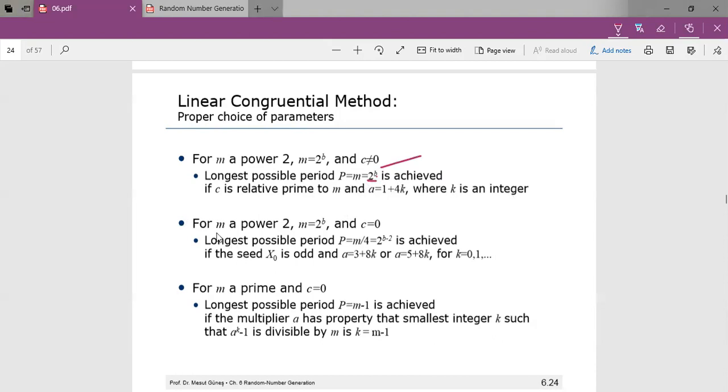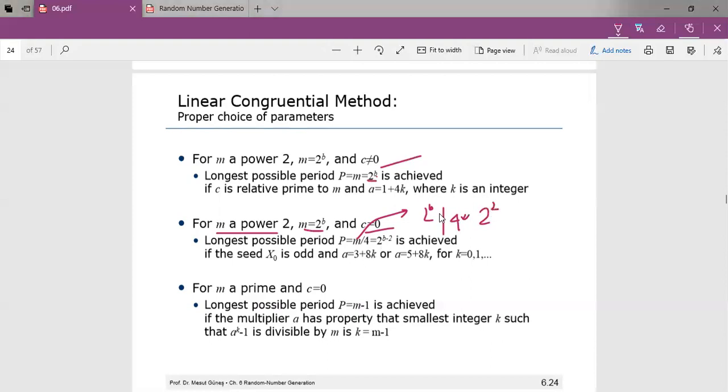The second one is for m a power of 2, that is m equals 2 to the power of b. Here c not equal to 0, here c equals 0. The longest possible period we can achieve is P equals m divided by 4, which is equal to 2 to the power of b minus 2. How is this 2 to the power of b minus 2? The m value is 2 to the power of b, divided by 4, where 4 can be represented as 2 to the power of 2.